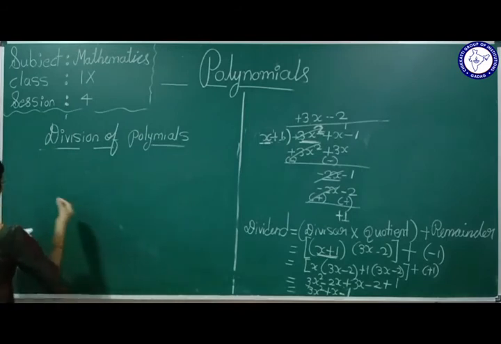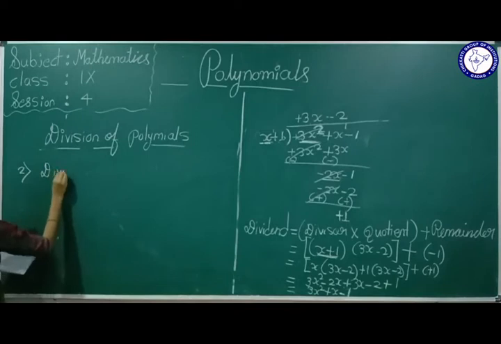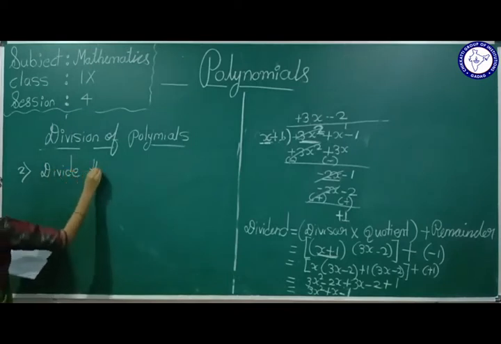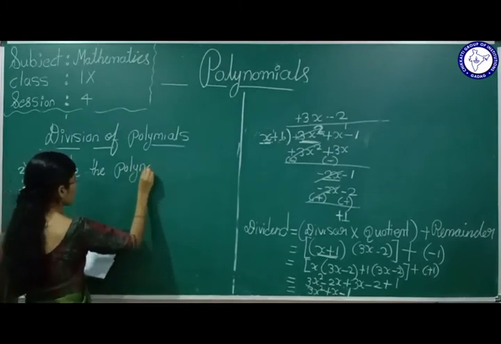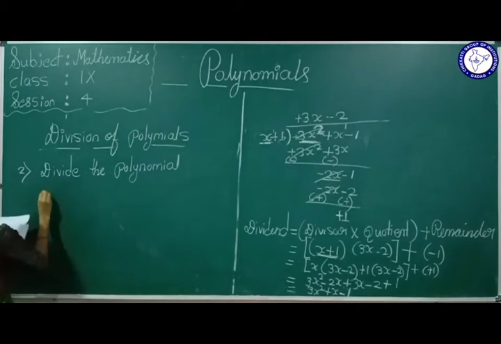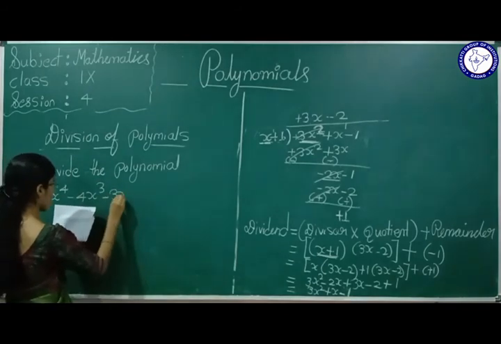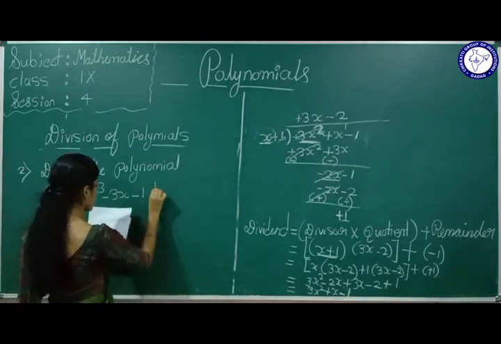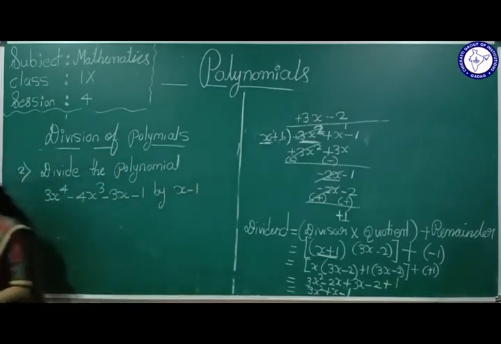So the second one: divide the polynomial 3x raised to 4 minus 4x cube minus 3x minus 1 by x minus 1.